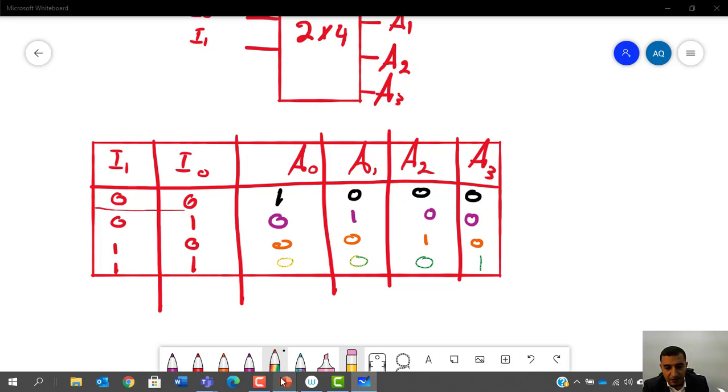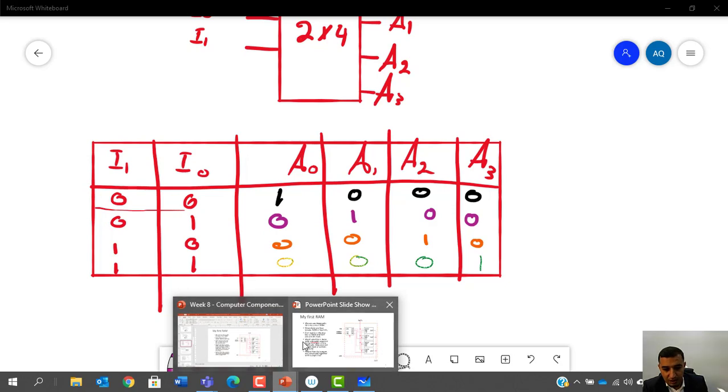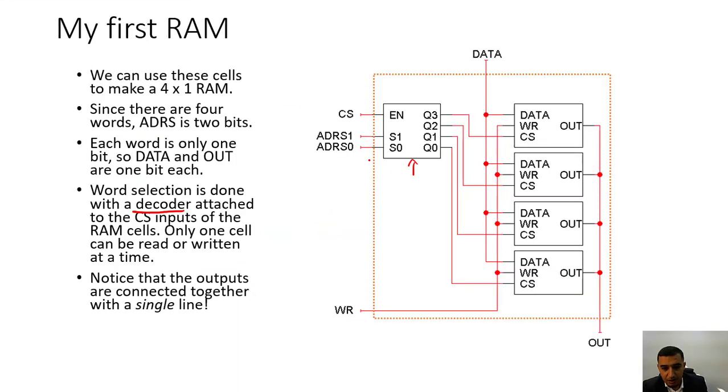How will this benefit us? If you go back to the RAM here, you can see that I will give the address over here. So if my address is 0, 0, chip select is the enable for the RAM, and this is the WR. If I give the address as 0, 0, Q0 will be 1, and the rest will be zeros.